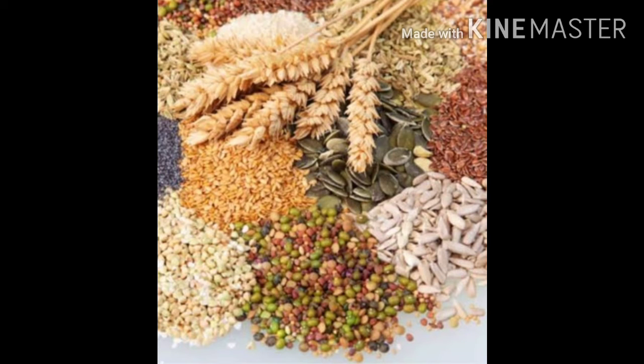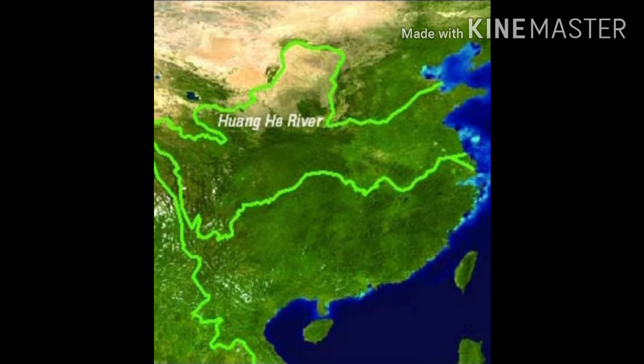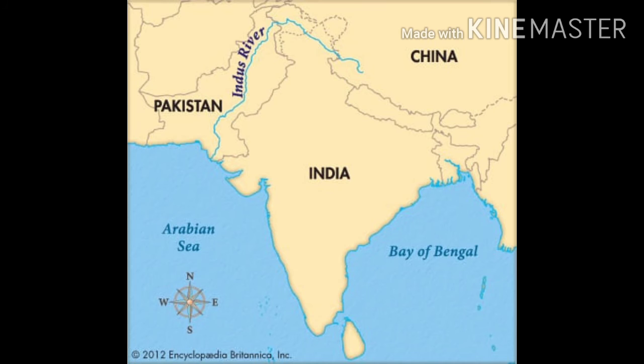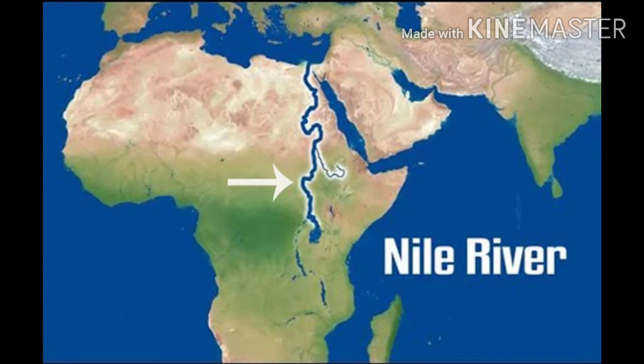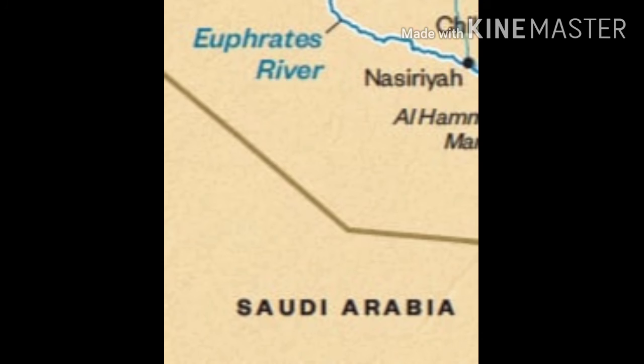This helped him to avoid painful wandering for gathering food. He began to live a settled life. The basins of the Huanghe, Sindhu, that is Indus, Nile, and Euphrates are some of the areas where such settlements flourished in the past.